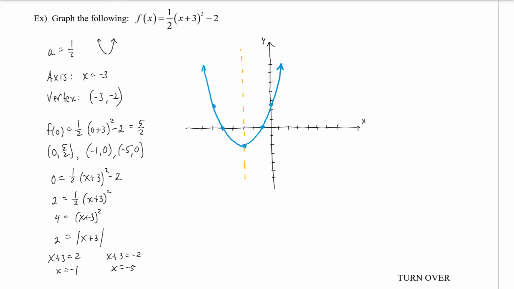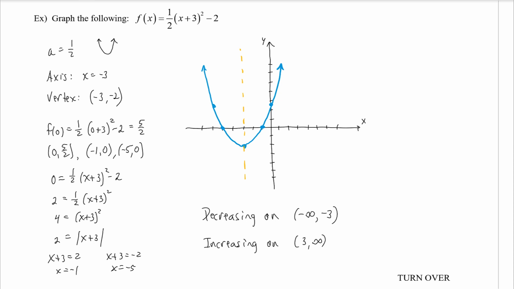So notice though that by the nature of the parabola, it always increases somewhere and it always decreases somewhere, and the vertex is where that changes. So for example, this one is decreasing on the interval -infinity up to -3, and then it's increasing on the interval -3 to infinity.